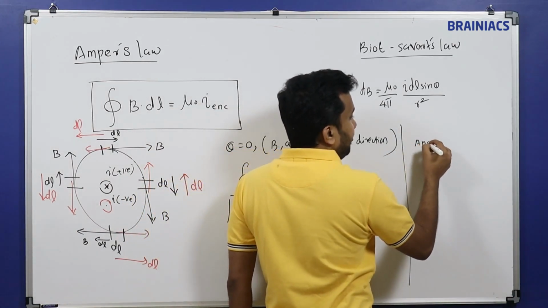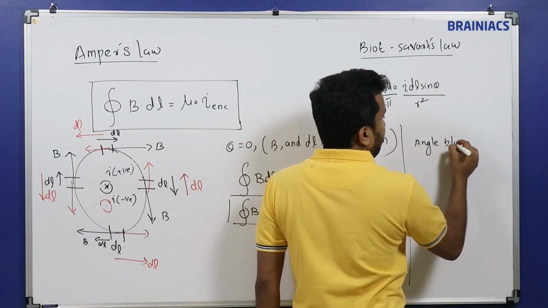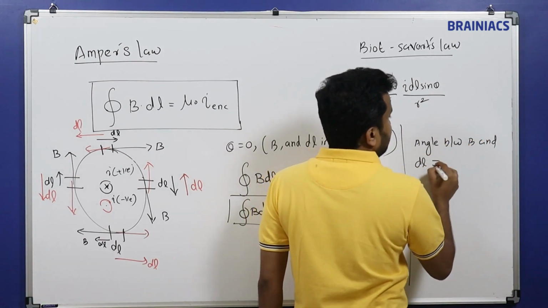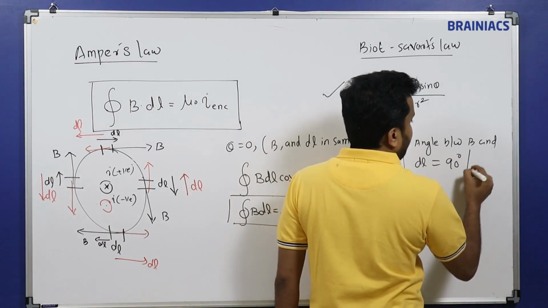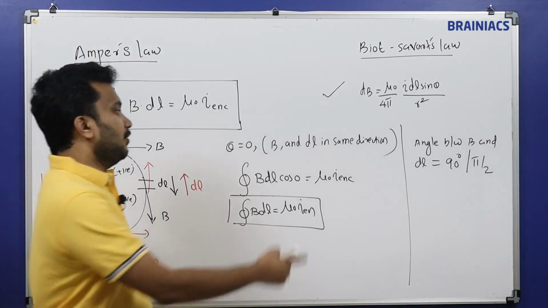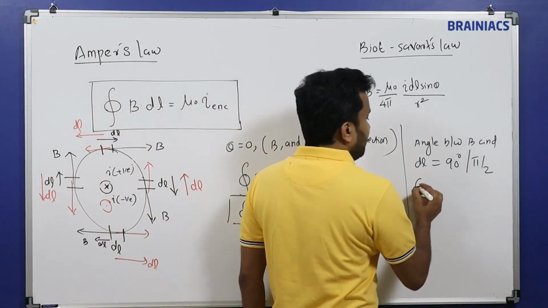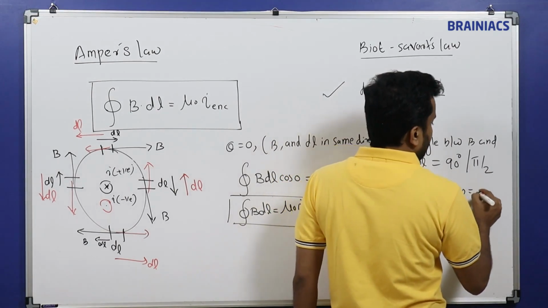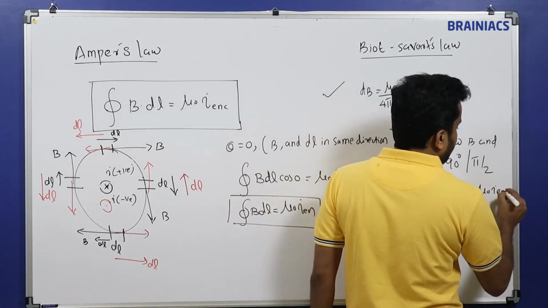Another case: the angle between B and dl is equal to 90 degree, or pi by 2. Then what is cos 90? Closed integral B dl cos 90 equals mu 0 times current enclosed.